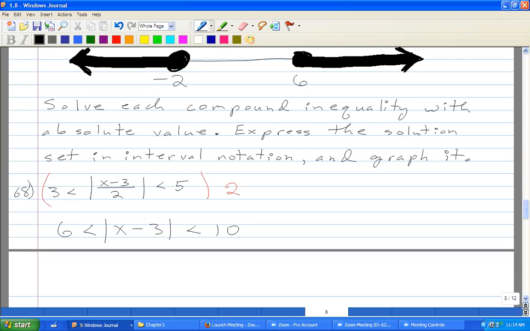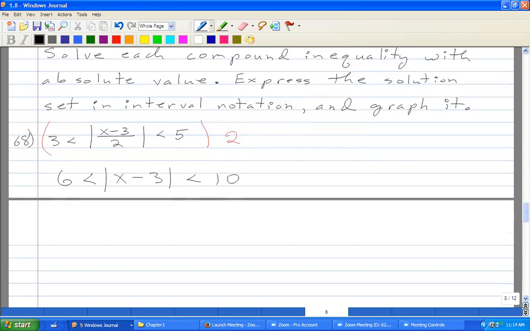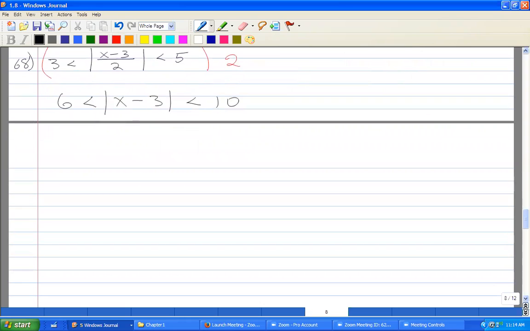Okay. So now I have that, well, either x minus 3 is between 6 and 10, or negative 3 is between 6 and 10.